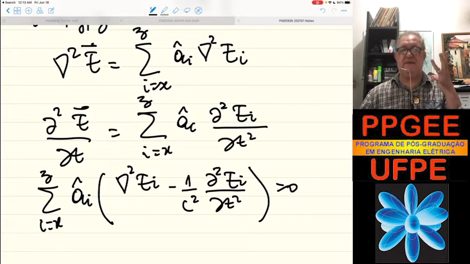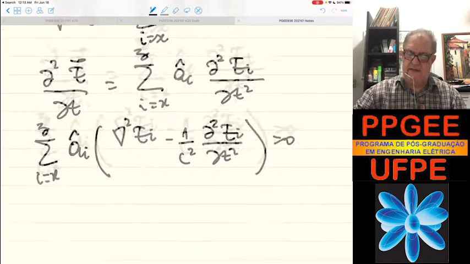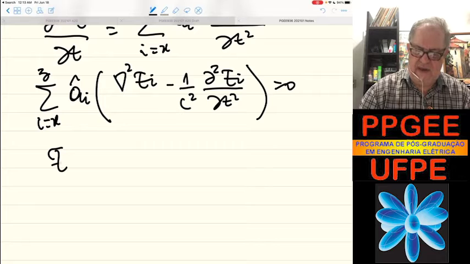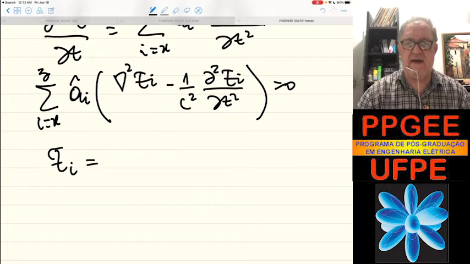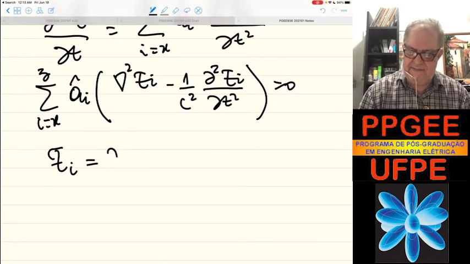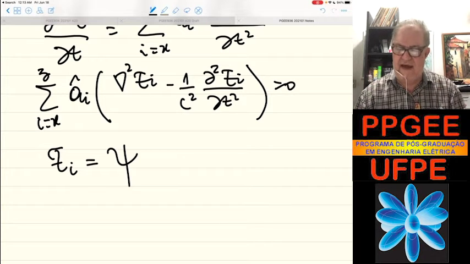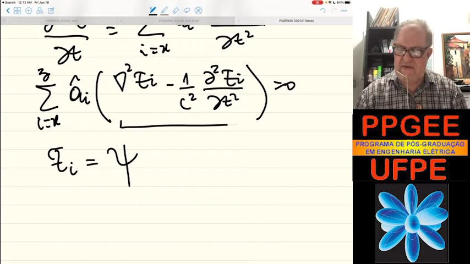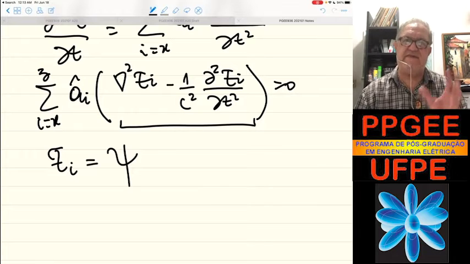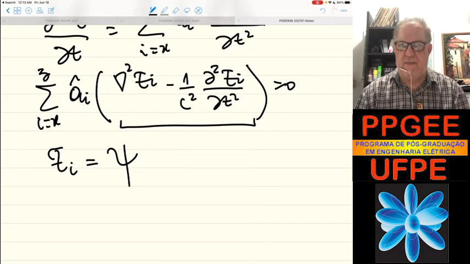So we have 3 equations, and each equation, let's call f_i the wave function, a psi function, a scalar function.